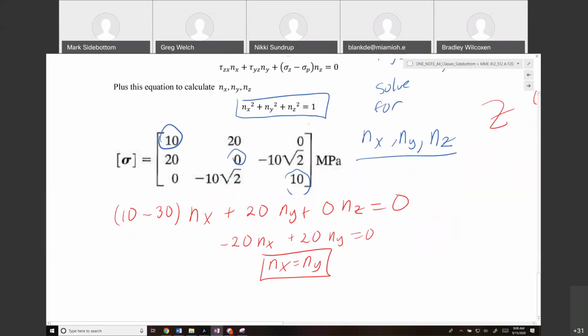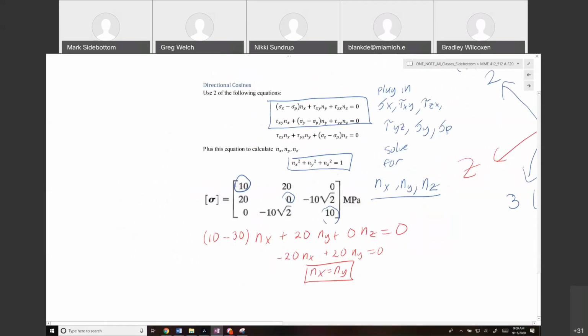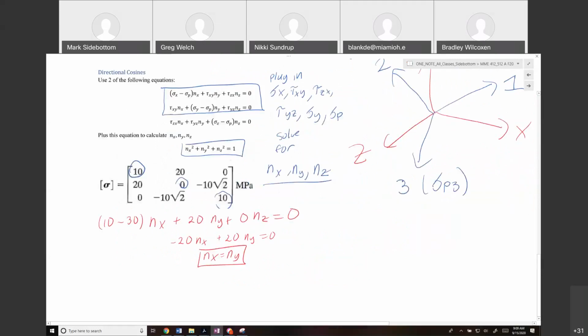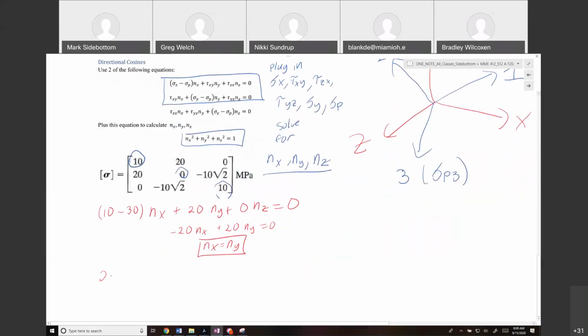The second equation we have is tau xy times nx. So tau xy was 20 times nx, plus sigma y minus sigma p. So sigma y was 0 minus sigma p, which was 30, times ny, plus tau yz, which was negative 10 radical 2, times nz would be equal to 0.